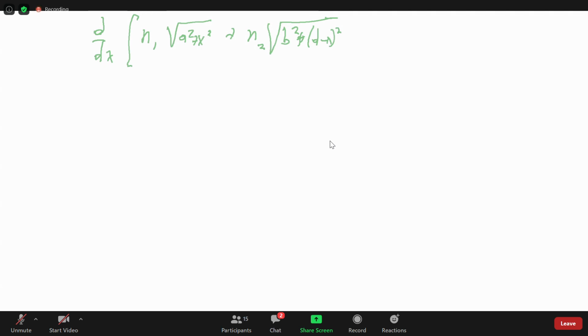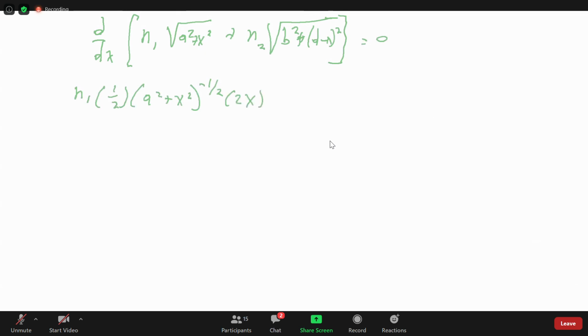So we want to take that derivative and set it equal to 0. Let's go term by term. For the first one, we get n1 times a factor of a half, and then a squared plus x squared to the minus 1/2, and we also pull out a factor of 2x in that derivative.